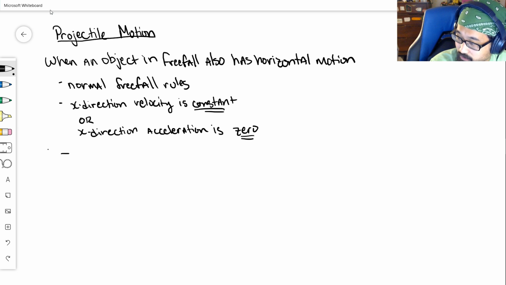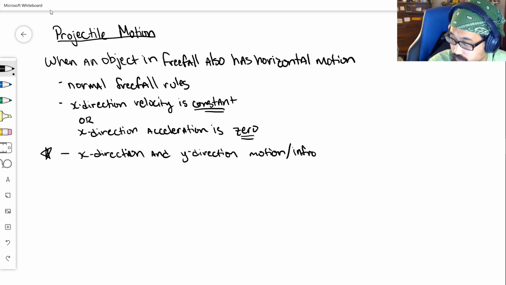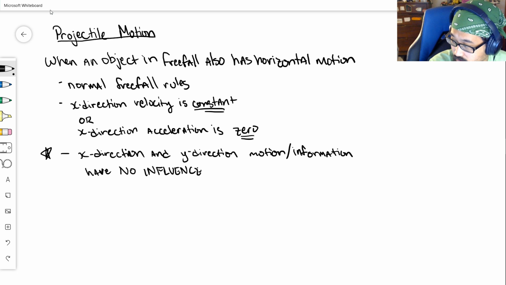But quite possibly the most important thing, x direction and y direction motion and information have no influence on each other.